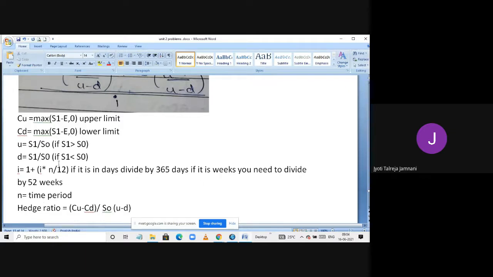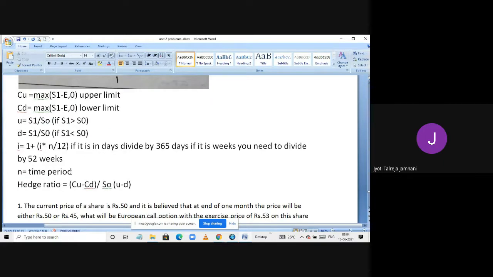Okay, so here the general formula is n by 12 because the details will be given in months most of the time. But if it is given in days, if n is said as 60 days, then you should do 60 divided by 365. If n is given as 15 weeks, then 15 divided by 52 weeks. So whatever the n value is given, depending upon that, the denominator has to be decided. If it's in months, divide by 12, or 365 or 52. N is the time period which will be given.